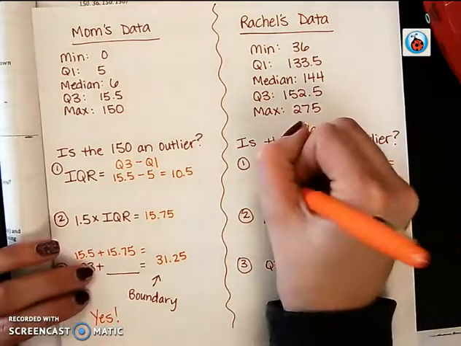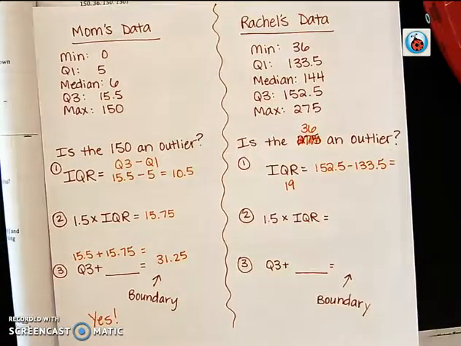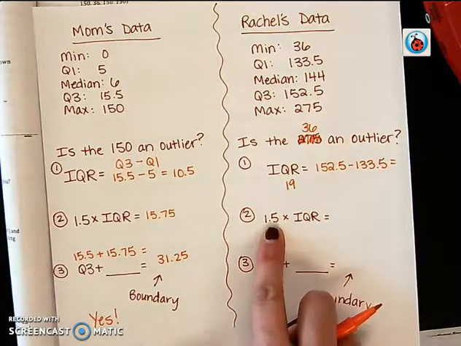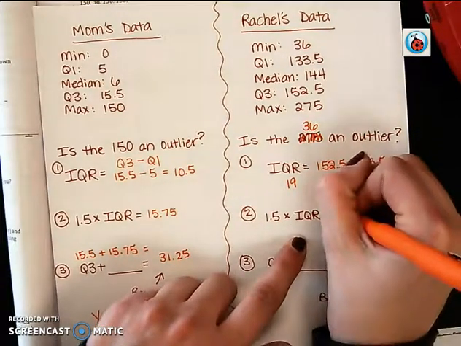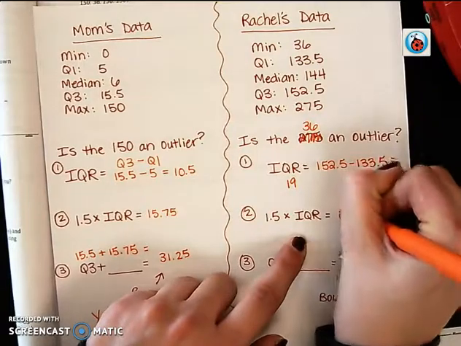And I'm getting 19 for my IQR. The second step is going to be to take the IQR, 19, and multiply it by 1.5. For this, I'm getting 28.5.